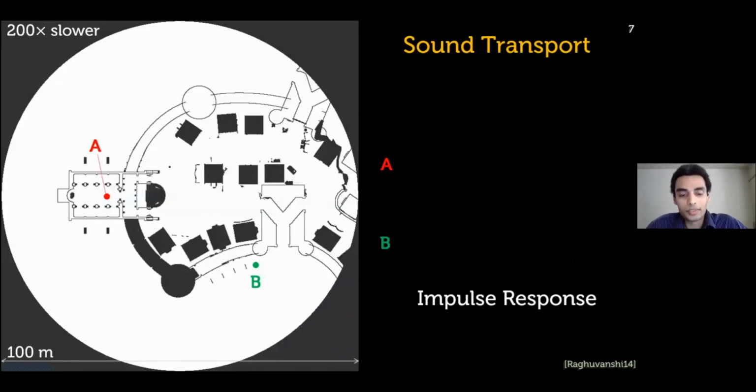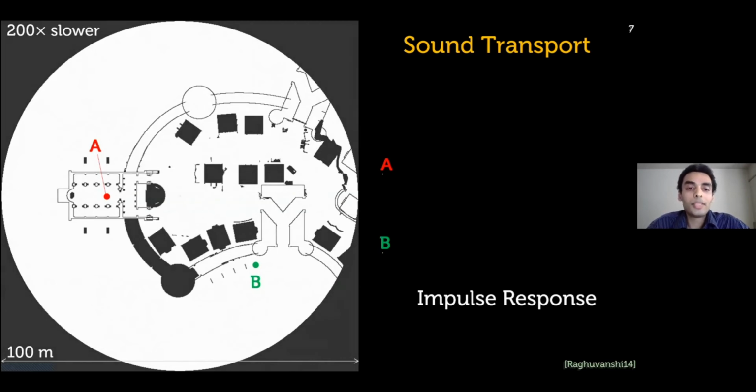There are similarities between light and sound propagation. So far, we have seen how to render images by exploring the space of light transport paths. Now we look at how to simulate these acoustic effects. Here is a 2D illustration of a citadel scene, and A and B are two listener positions.